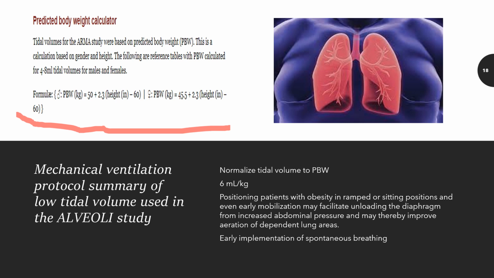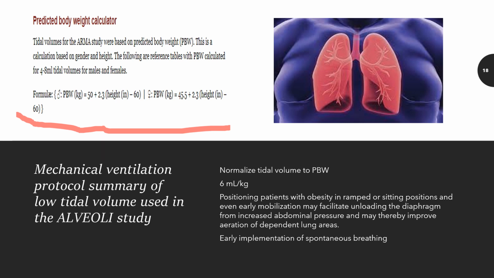The idea of limiting tidal volume has been shown to decrease ventilator-associated lung injury, and when you do that, you actually decrease inflammation in non-selected patients with or without ARDS. The idea of normalizing a tidal volume for predicted body weight has been shown to be very beneficial to the patient, with fewer ventilator days.